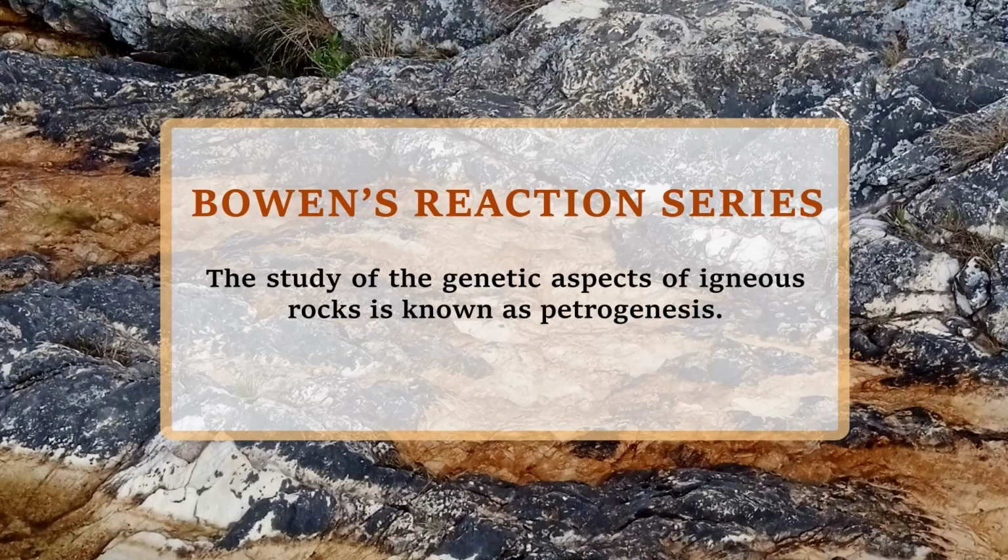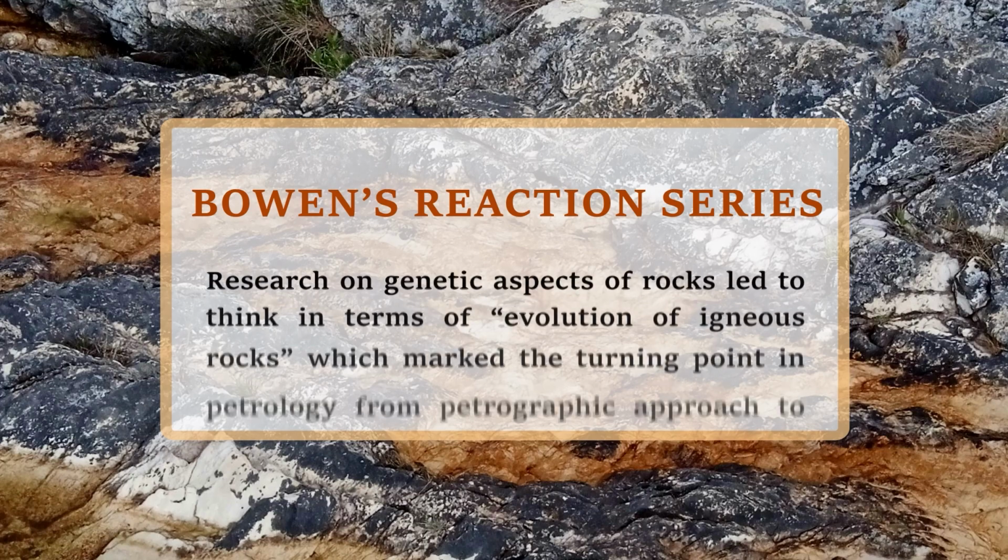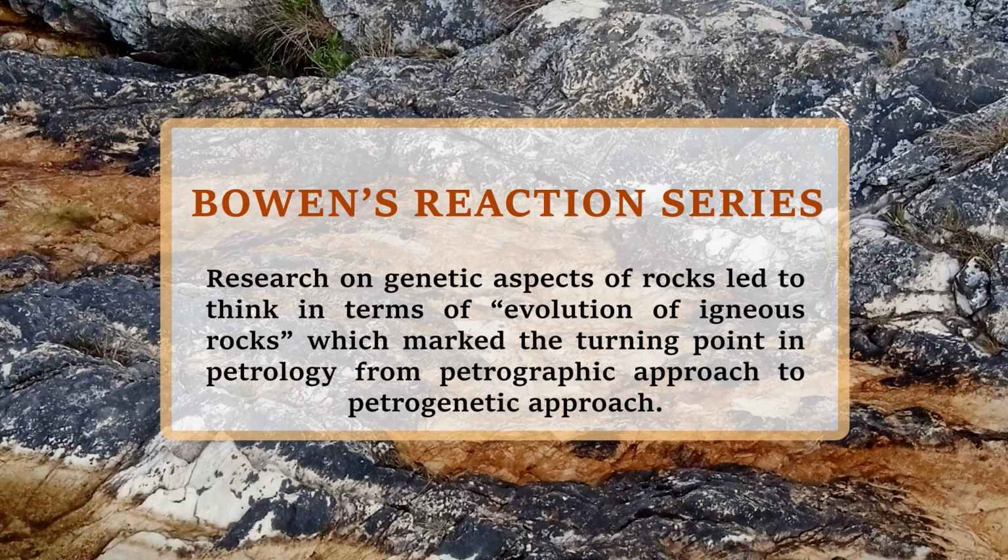The study of genetic aspects of igneous rocks is known as petrogenesis. Research on genetic aspects of rocks led to thinking in terms of evolution of igneous rocks, which marked the turning point in petrology from the petrographic approach to the petrogenetic approach.